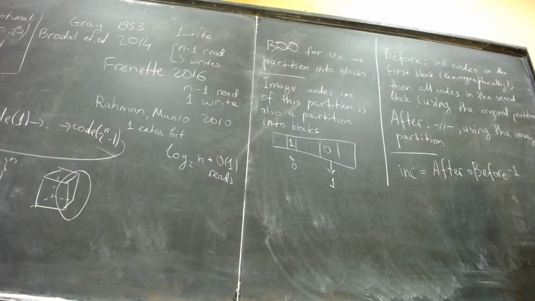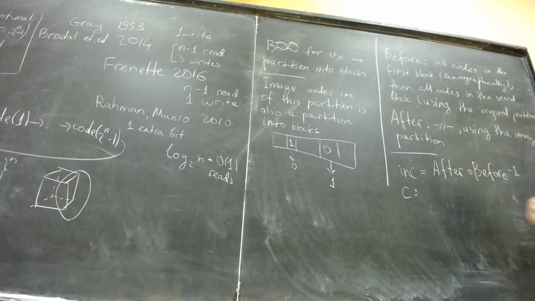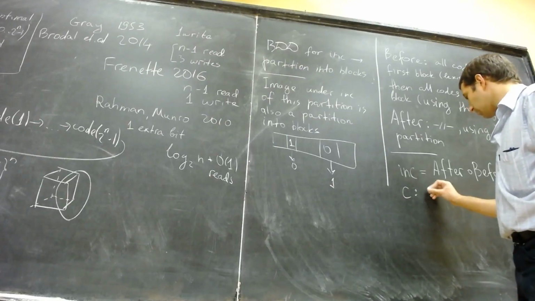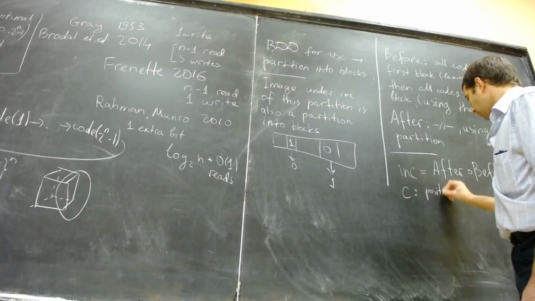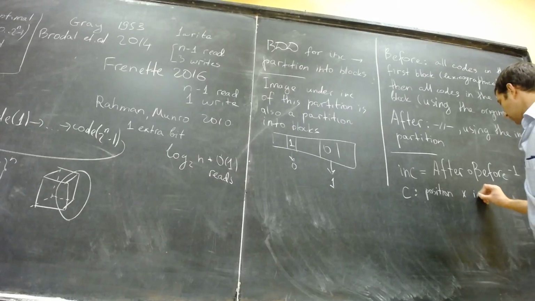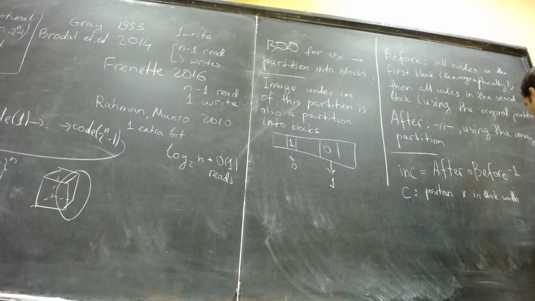Why is it so? Imagine that we have some code C, which is the code of some number i, but it doesn't matter at all. Imagine that it has a position x in a block with y elements in the earlier blocks.